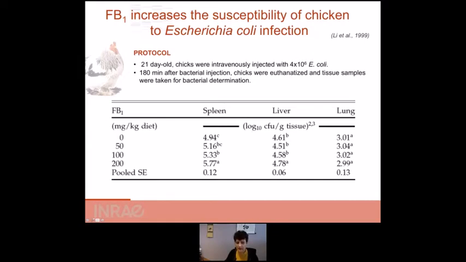And you clearly see that there was 4.9 log 10 bacteria in the control animals receiving no fumonisin, but when they received fumonisin, it was more than one log higher, meaning more than 10-fold higher. We see that in the spleen. There was also an increase in the liver, but it was smaller, and there was no effect in the lung.